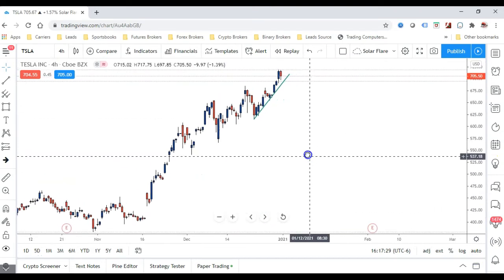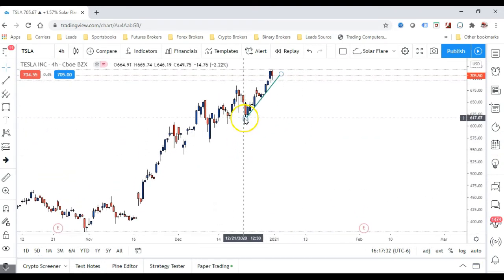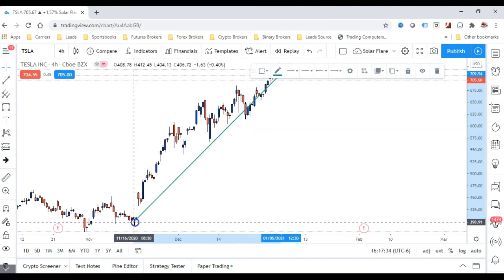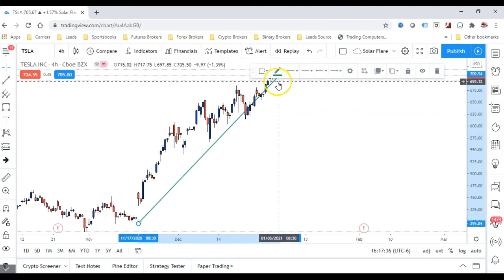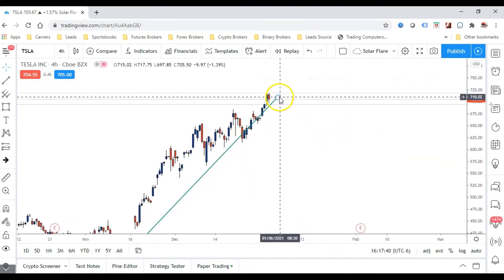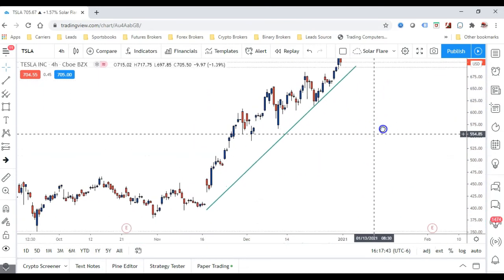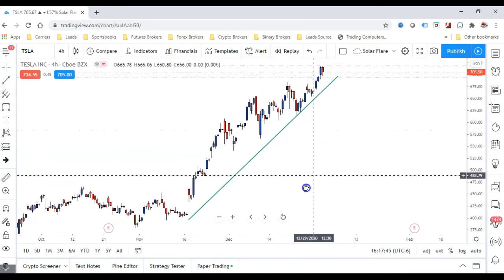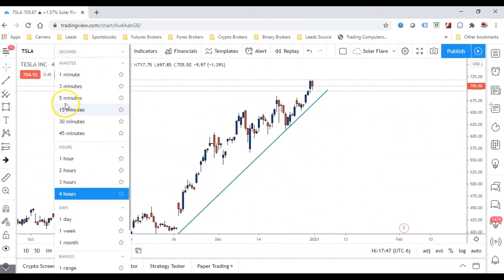Okay. You can see this 4 hour. Wow, my gosh. Tesla has just been on a tear. But you can easily see this is an uptrend. I mean, no ifs, ands, or buts about it.